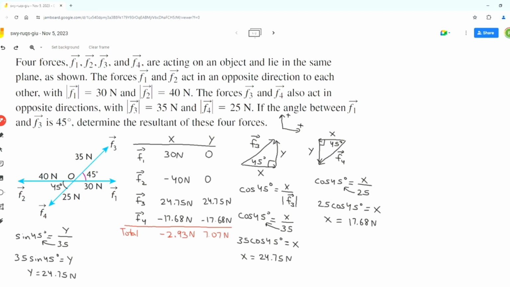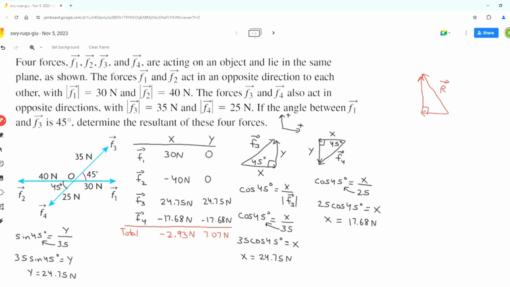The x component is negative, so that means the sum of the x component is directed to the left side. And the sum of the y components is positive, so it's directed upward. So we'll start the y component sum vector from the head, or the tip, of the x component vector, and this is a right angle triangle with the hypotenuse representing the resultant of these four forces.